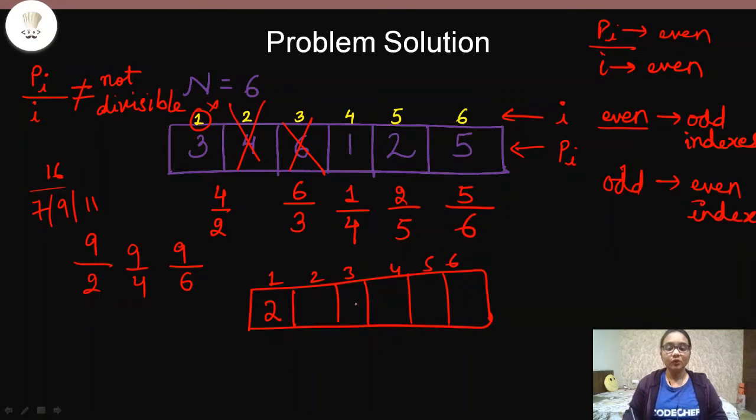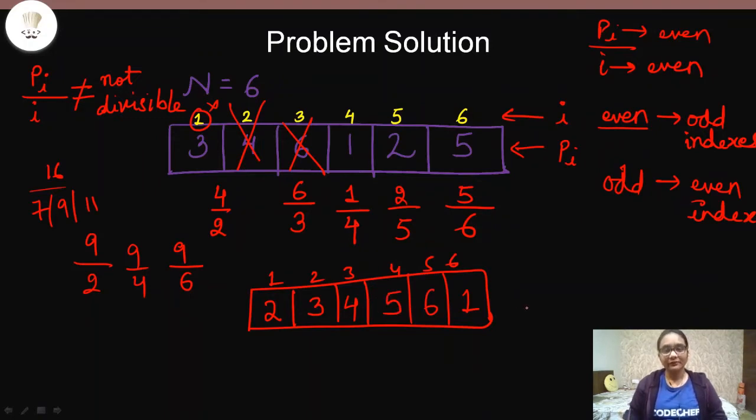After 2 comes 4, so again the even ones we place at the odd indexes: 4 at the next odd index, which is 3. Then after 4 comes 6, so we place it at the next odd index, 5. Now we are left with the odd numbers. You can place 1 at the last position, then 3, and here you will place 5.